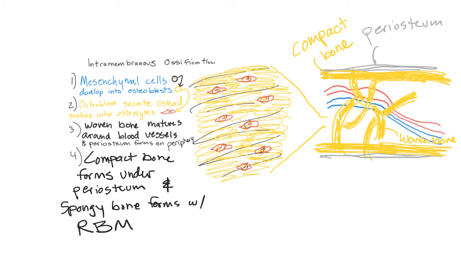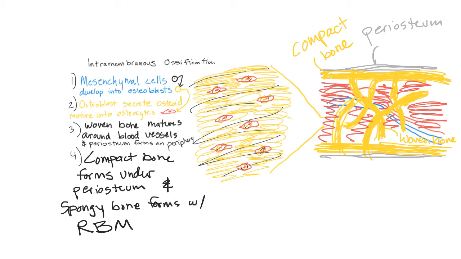Our spongy bone matures from the woven bone, essentially just gets thicker, and red bone marrow fills in those spaces.